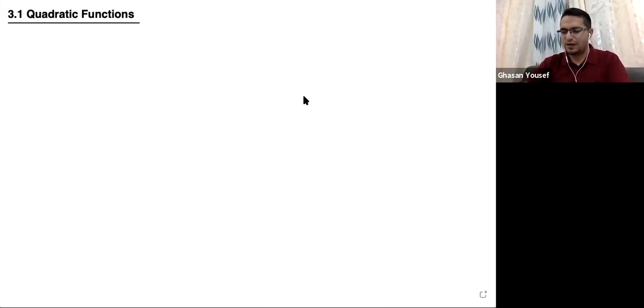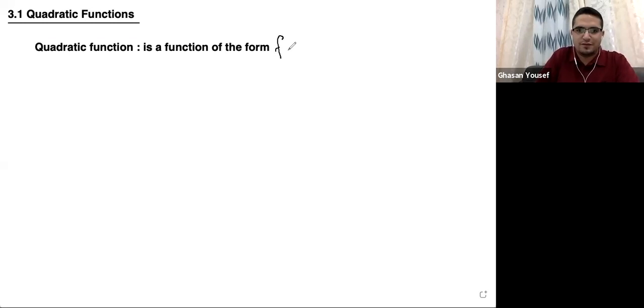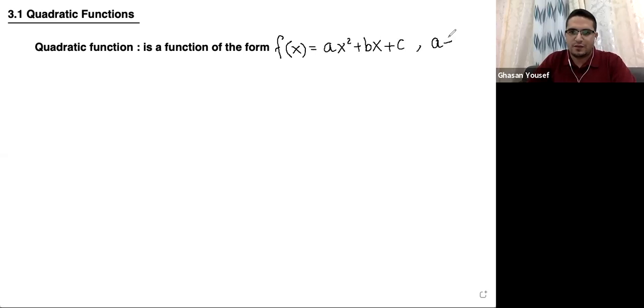Okay, so first of all, the quadratic function, like I said last time, is a function of the form f of x equal ax squared plus bx plus c, and this a is not equal 0.